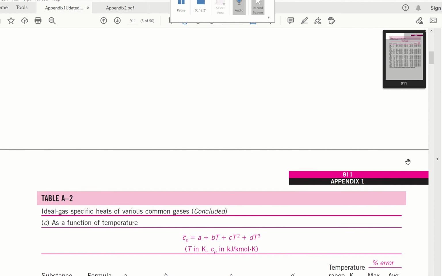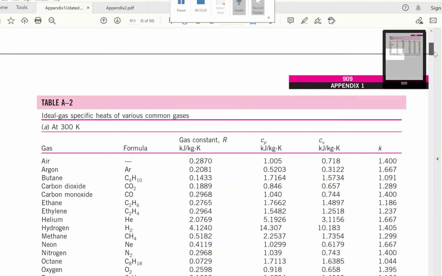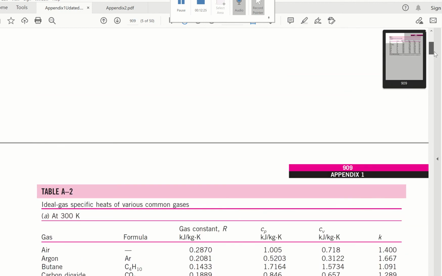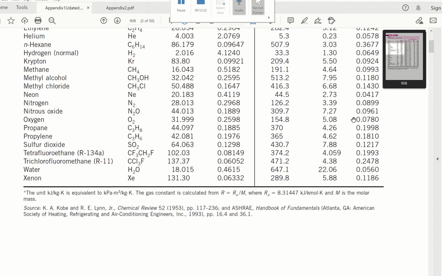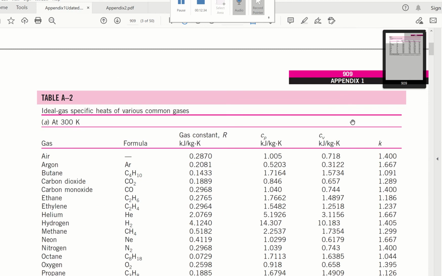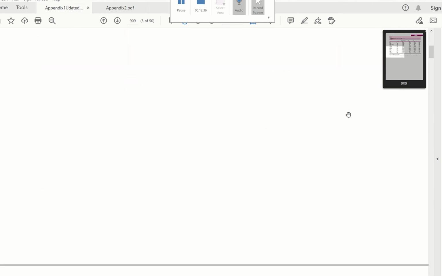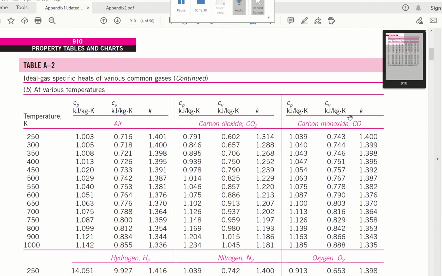Now let's go back to this problem. Our average temperature is 450, I believe, right? So if we look at table A2B, and it is air, so we look at the air column, and we're lucky there's a 450 here.